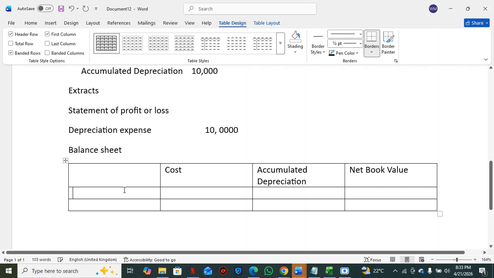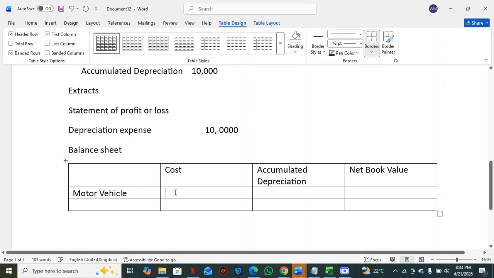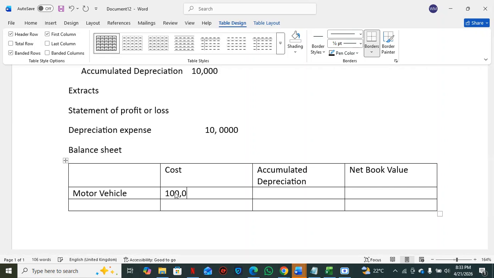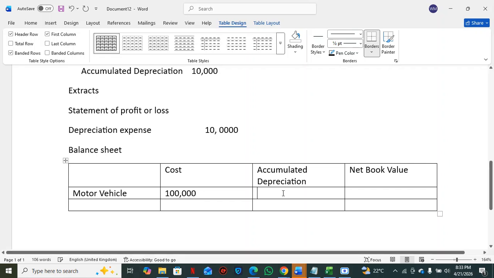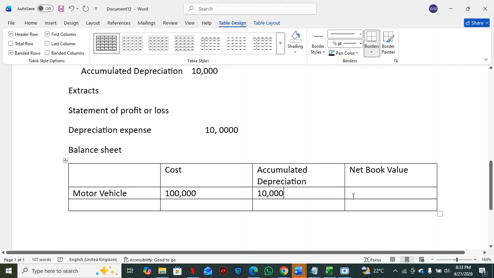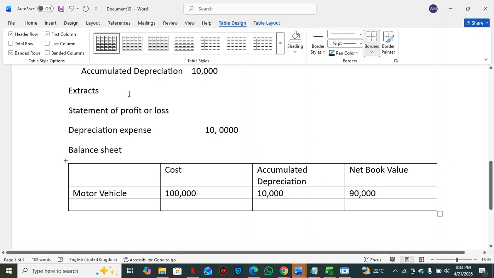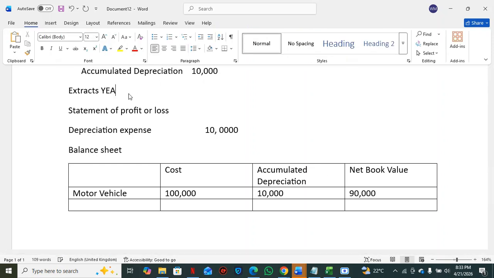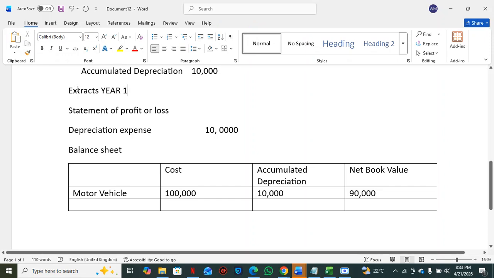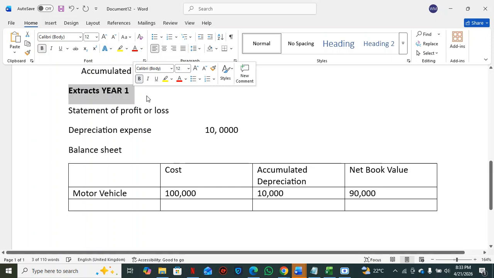You're going to put here motor vehicle, cost 100,000, accumulated depreciation 10,000, net book value is going to be 90,000. These are the financial statement extracts for year 1. Any questions before we go to year 2?